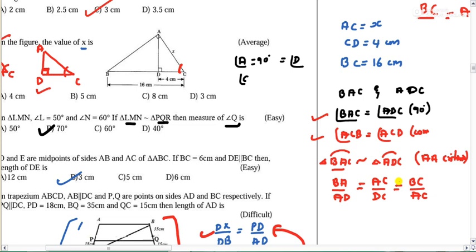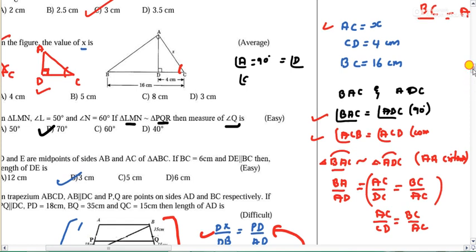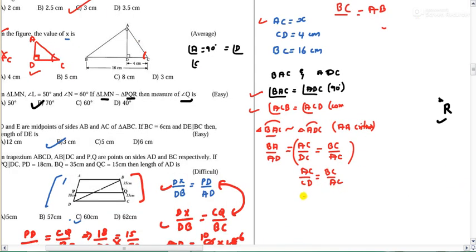Okay, now substitute the values. AC we need to find, so take these two, because AC is there. AC by CD is equal to BC by AC. Substitute: AC is X, so X by CD, which is 4, is equal to BC, which is 16, divided by X. Do cross multiplication.